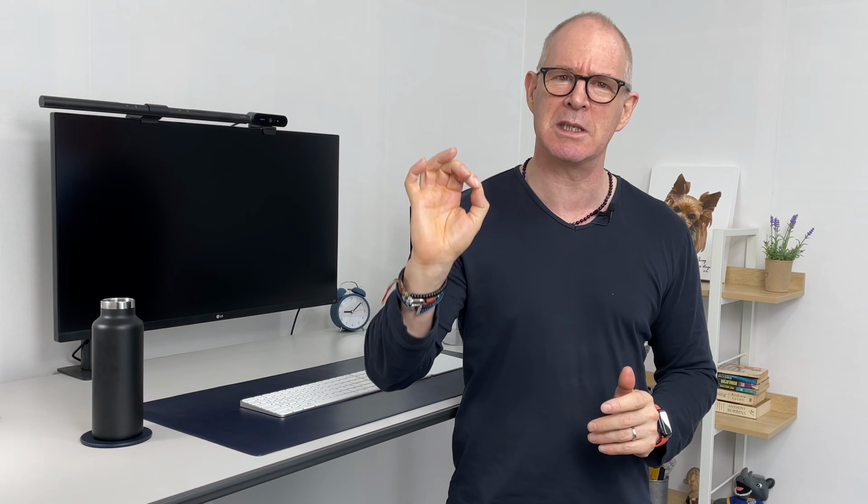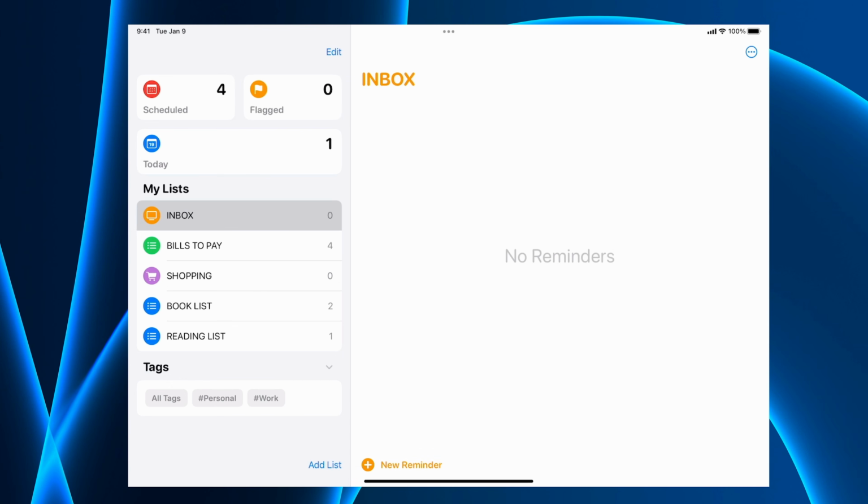Okay, let's go into my Apple Reminders now, and I will show you some really useful tips that you can use to get the most out of Apple's Reminders. The reason why you may want to use Reminders for alternative types of lists is because you may already have a task manager, such as I do.